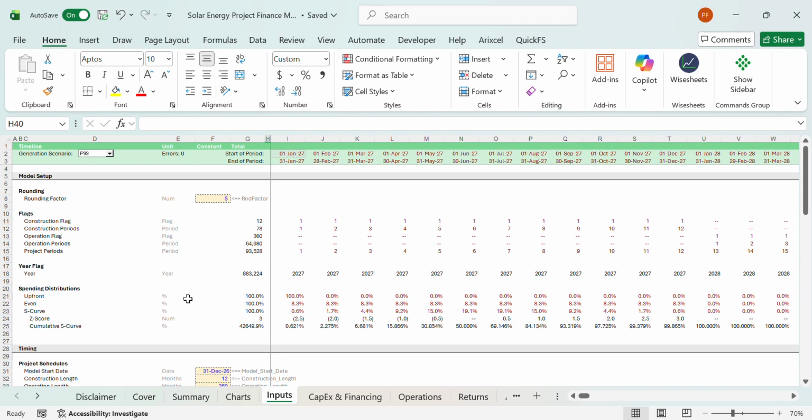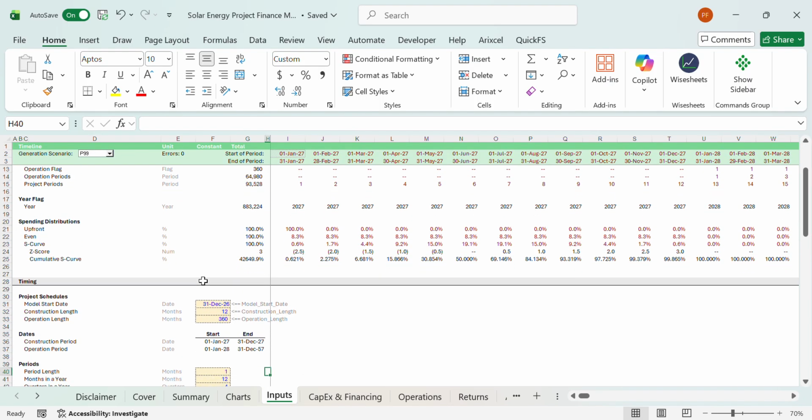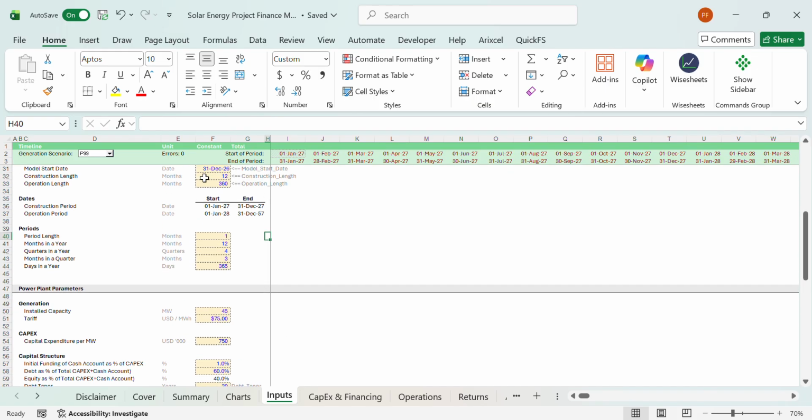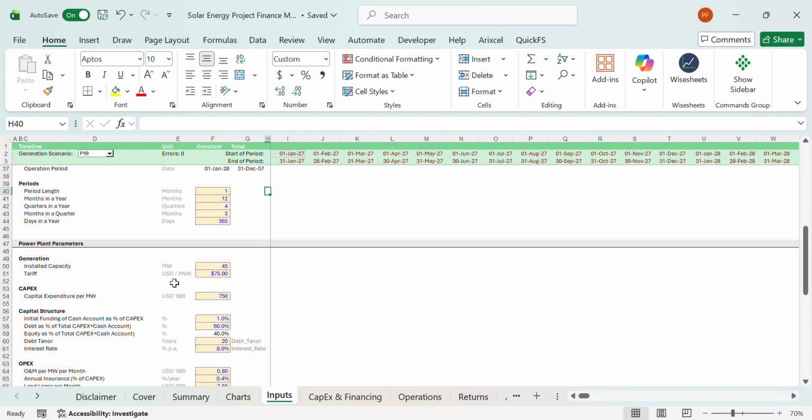Then in the inputs tab is actually where you can fine tune the model and tailor-make it to your business or project. We can see here the timing, operation length, construction length, and model start date, and so on.